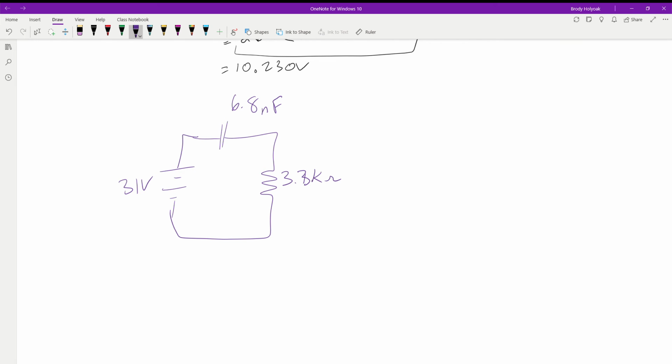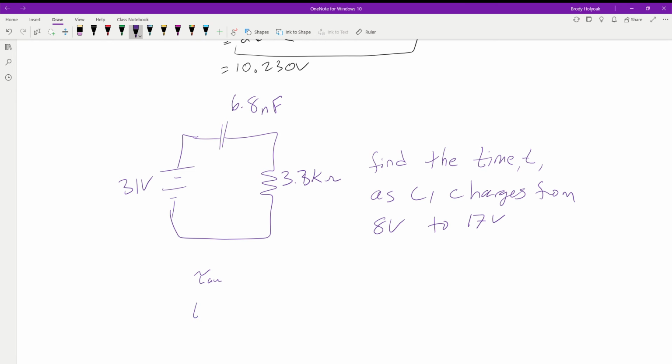And the question it asks is, find the time as the capacitor charges from 8 volts to 17 volts. And the answers it's looking for is tau and time.